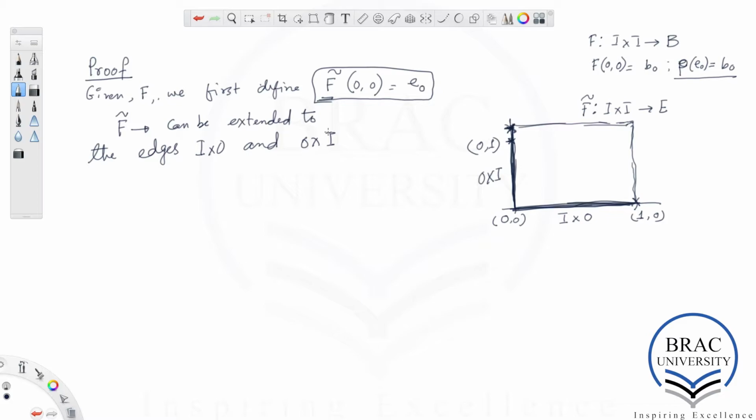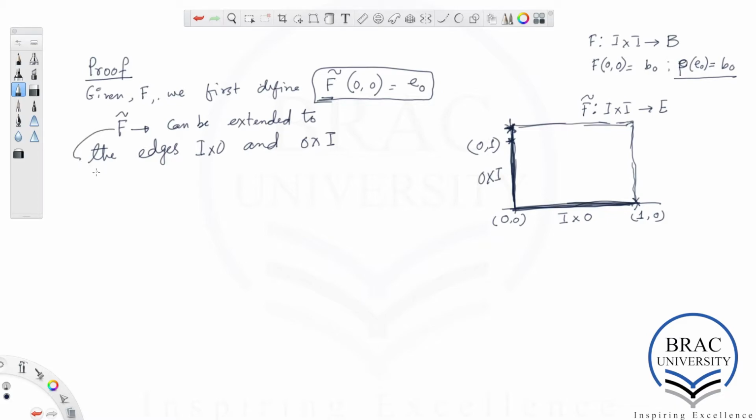So the bottom edge and the left hand edge, we can extend this f tilde continuously to these two edges. How? Observe that the restrictions to these two edges can be interpreted as paths.